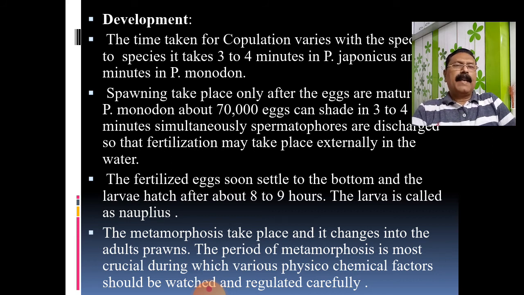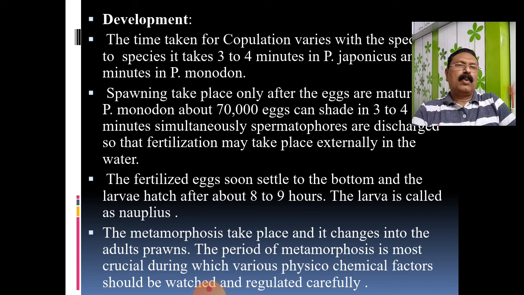The fertilized eggs settle to the bottom, and the larvae hatch in about 8 to 10 hours. Female gives the eggs, male gives the spermatophores, fertilization takes place, the eggs settle to the bottom, and incubation, or hatching, of the eggs takes place within near about 8 to 9 hours, and the larvae come out.